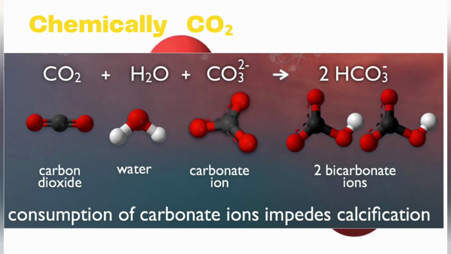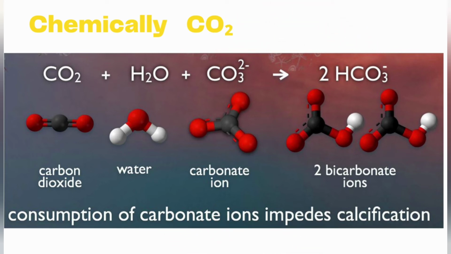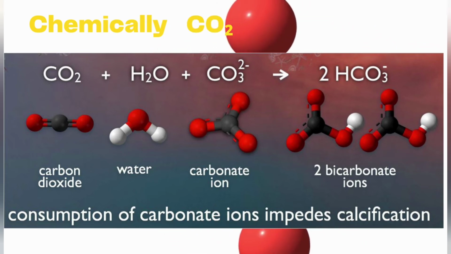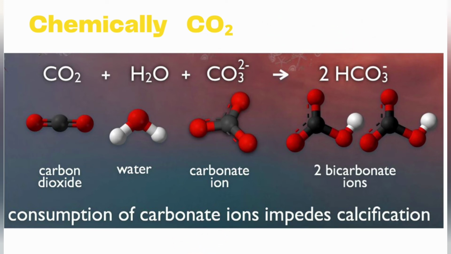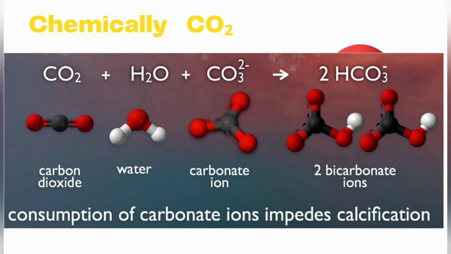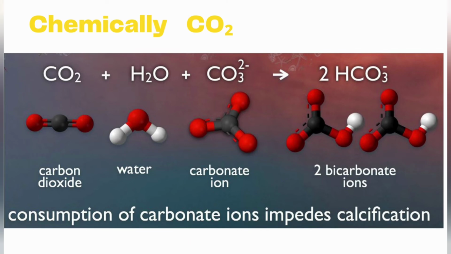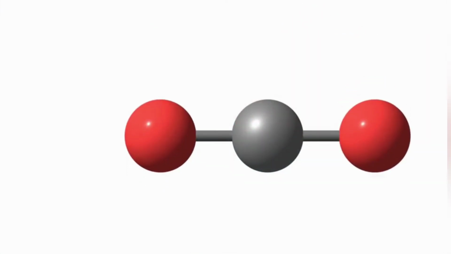It forms what we call a bicarbonate ion, that is 2 bicarbonate ions will be formed in water. This will delay or reduce the formation of its main constituent, calcite, or should I say it slows the process of the formation of calcite, because it is forming an acid, is it not?